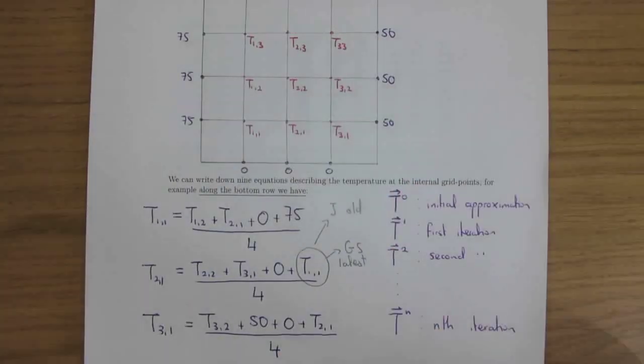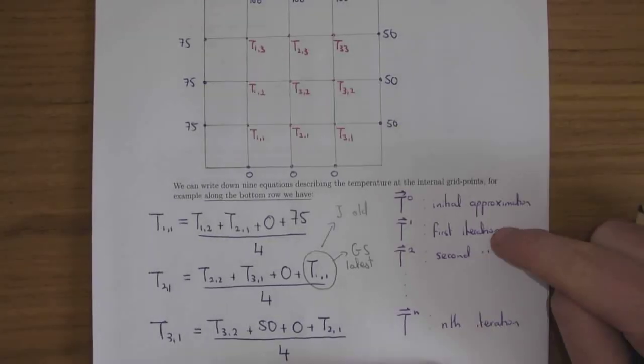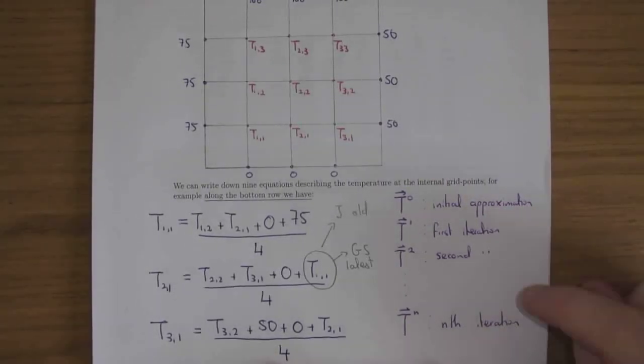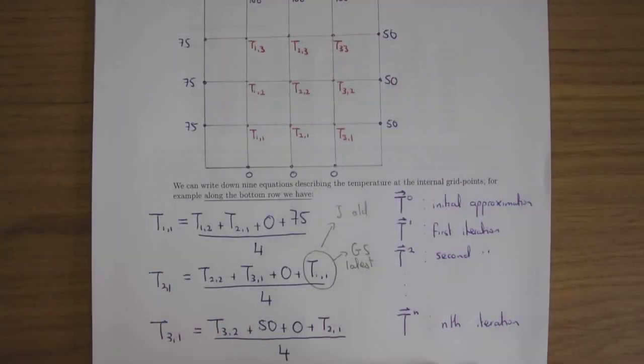Now you should be concerned, following differential equations, about mixing up previous values and next values, but these intermediate iterations don't actually mean anything. There's no actual time element here. There is one value for each of these, the equilibrium temperature distribution.